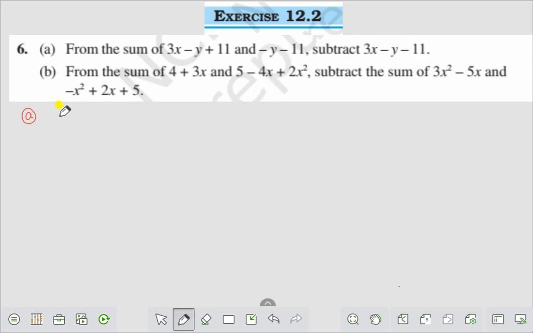Let us write that is 3x minus y plus 11. This should be added with this one, that is minus y minus 11. After that you have to subtract this value. In second bracket you have to write this one.